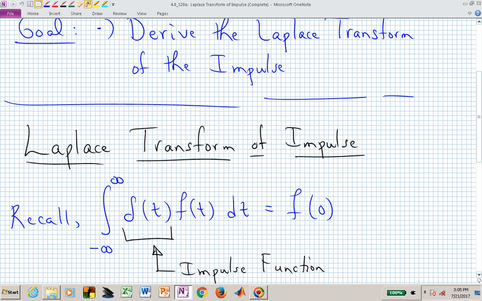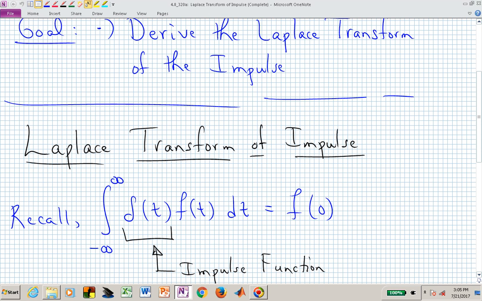It essentially now says, oh, and what's the area under an impulse? If in this example f of t was 1, then this would be the integral of the impulse from minus infinity to infinity, and we know the impulse has an area underneath it of 1.